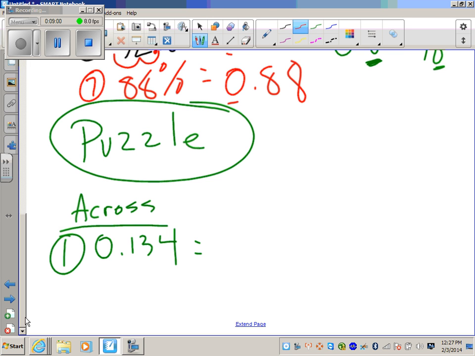It's a decimal. Means we move the decimal. So what is it? That's the answer for 1 across. But it says don't write the what or the. So in 1 across, we just put 134.